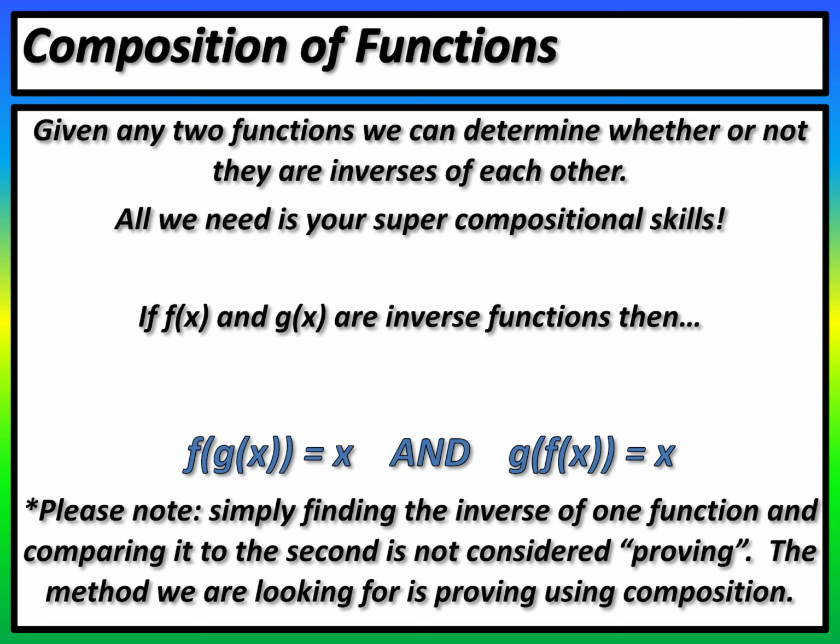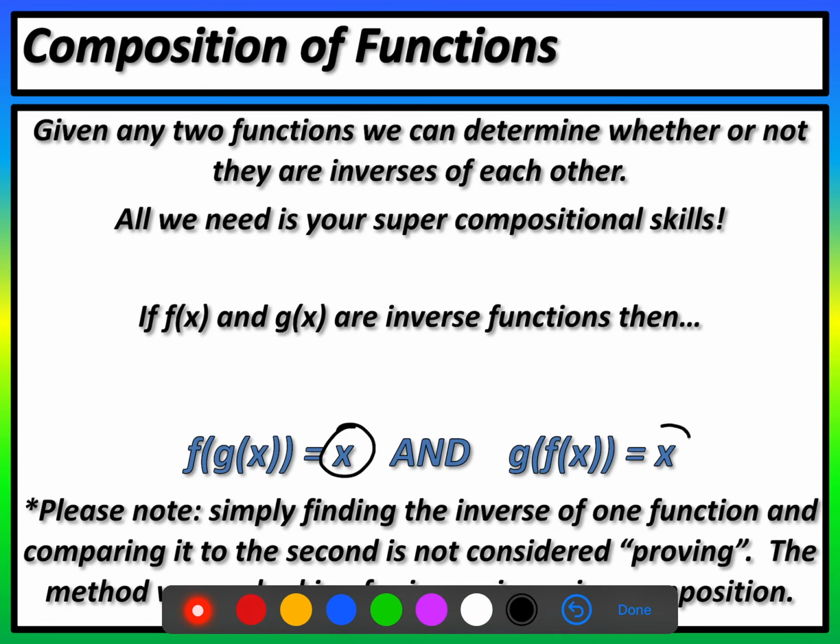Okay, so by doing f of g of x, and remember we have to do g of f of x as well, because composition is not commutative. And for each of those problems, we want to get the same result, and it has to be a specific result. We want them both to equal x. Okay? Even if they equal the same thing, but it is something other than x, that does not count.